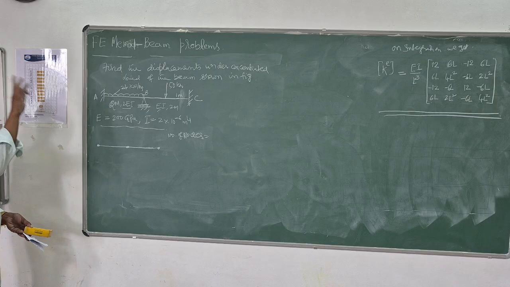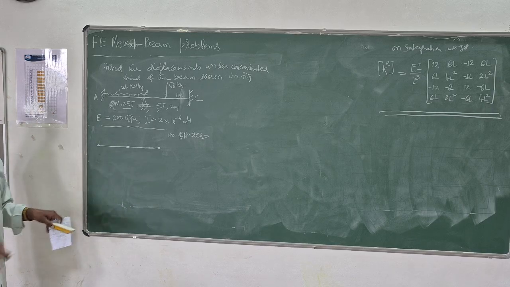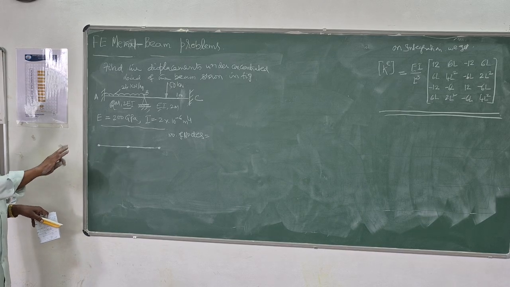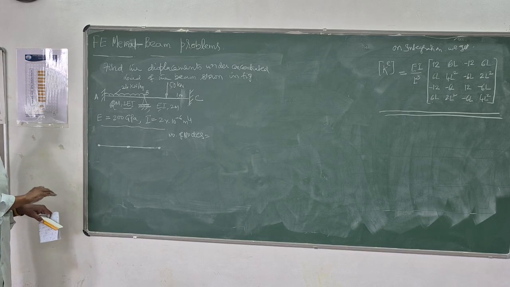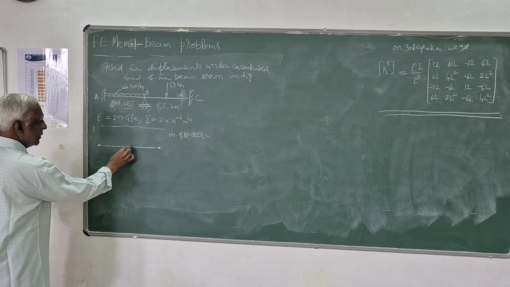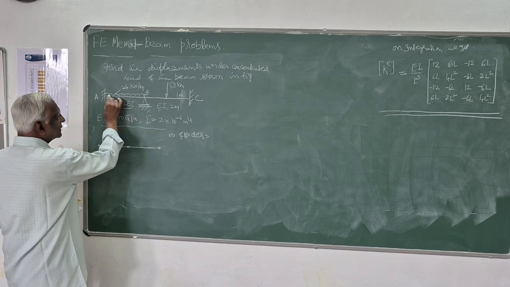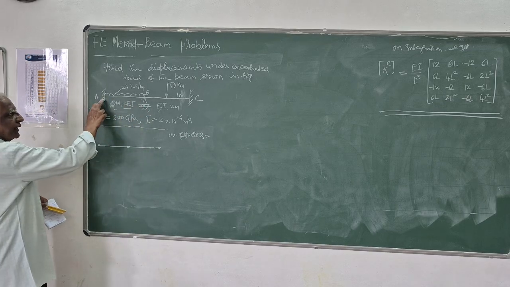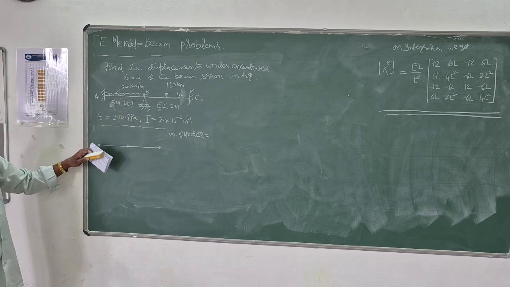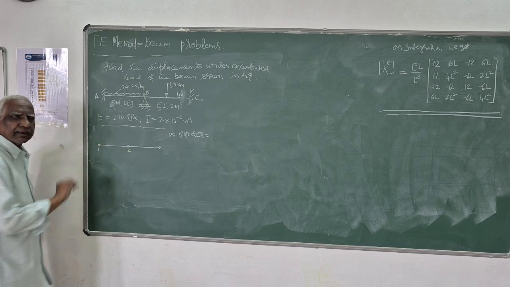All nodes and all the unknown displacements, we have to treat only at the nodal points. Right? Because we have the equation for the nodal displacements only through the shape equations. We have to select all unknowns only at the nodal points. And here, since it is a surface load acting on this complete element, I can find the equivalent loads at the 2 ends, 1 and 2 of this element.